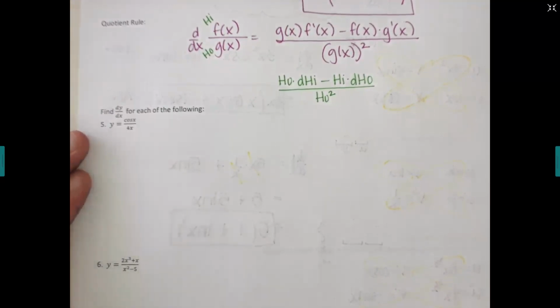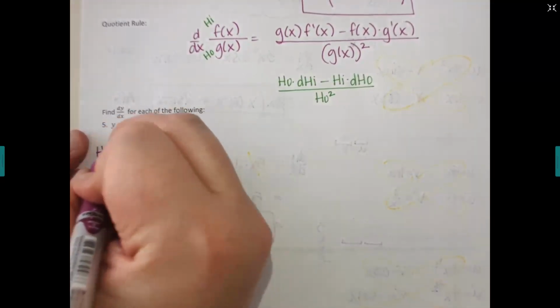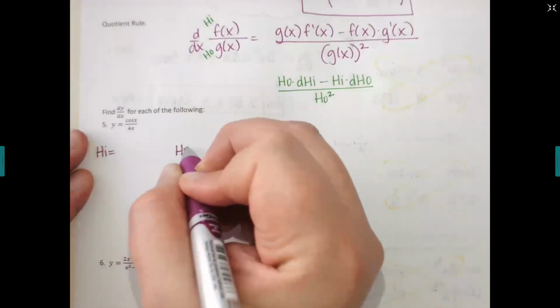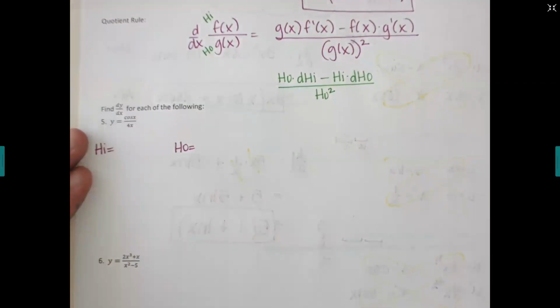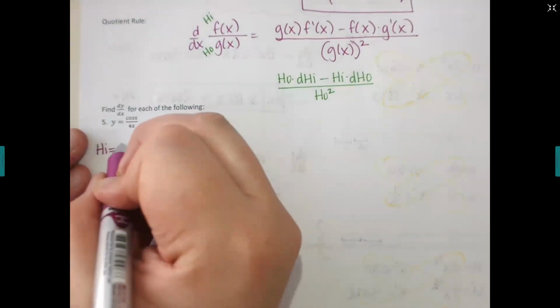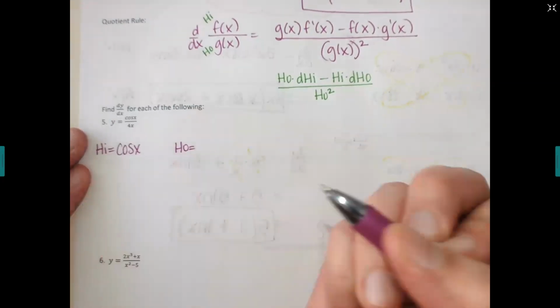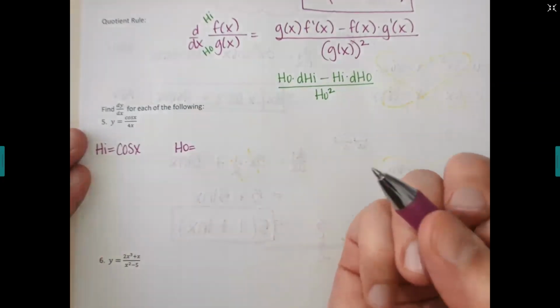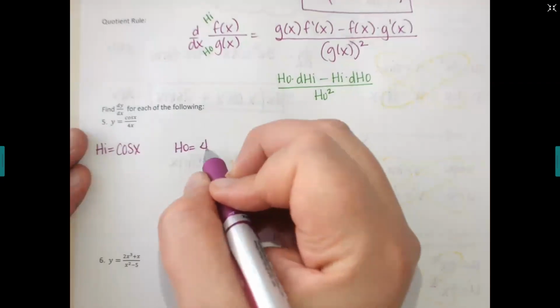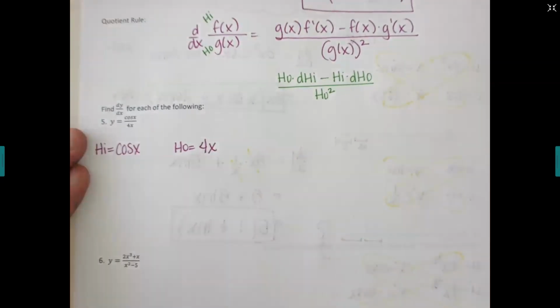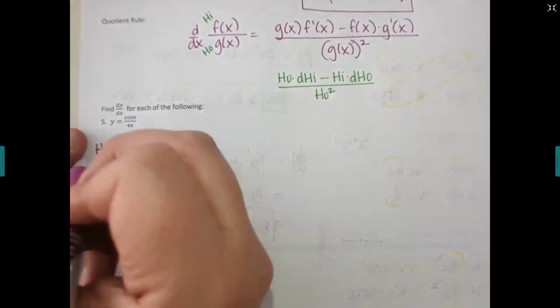Take a look at number 5. High and ho. What is high, or the top of the quotient? Cosine x. What is ho, or the bottom of the fraction? 4x. Now, d high and d ho are the derivatives of those.